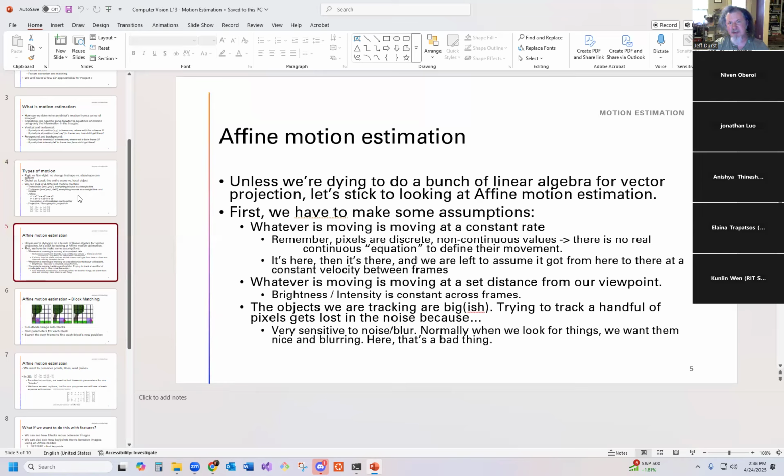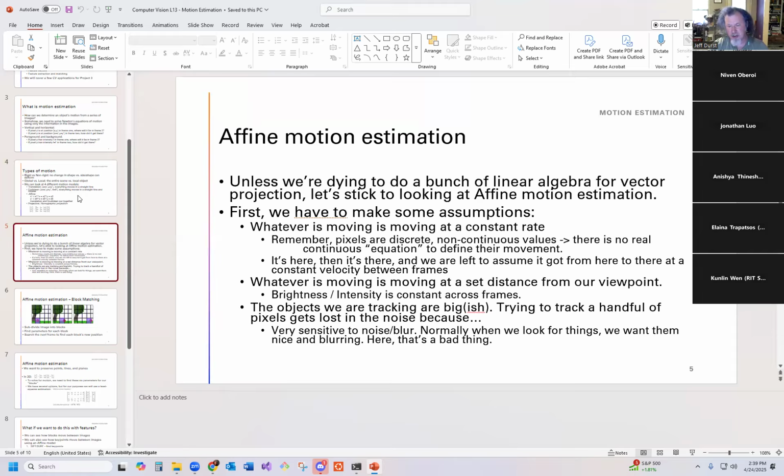So we talked about our affine motion estimation and the assumptions we're making. Whatever is moving is moving at a constant rate. Pixels are discrete, images are discrete. There's no such thing as a continuous function that will join two pixels. They exist wholly of themselves. We also have to assume velocity is constant. We're not working on things that accelerate.